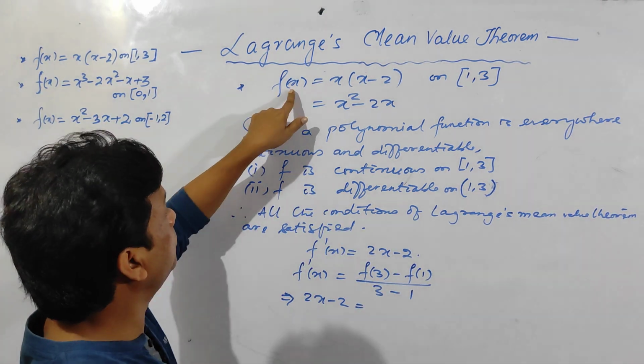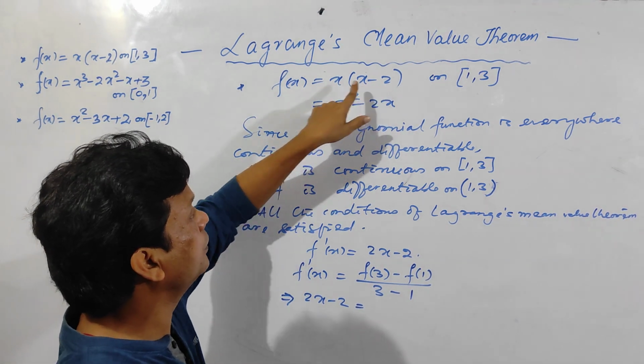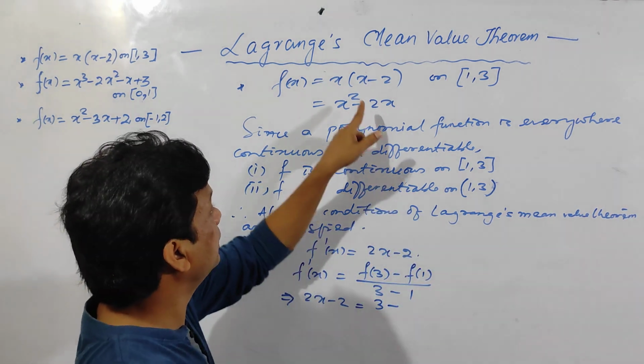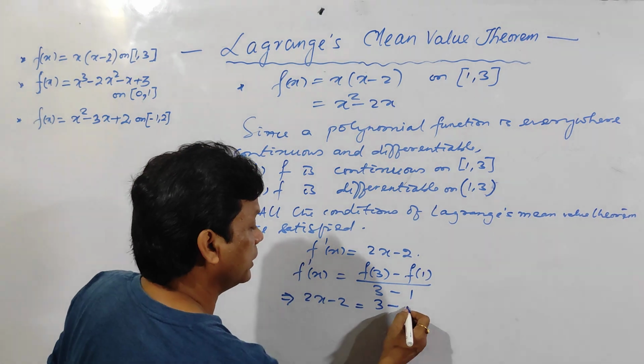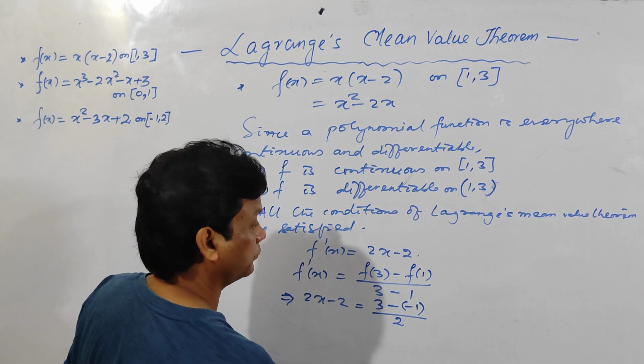If we put x equal to 3, it is 3 into 3 minus 2, that is 3 into 1, so 3. Minus f of 1: if we put 1 here, it is 1 into 1 minus 2, which is minus 1. So it is 3 minus of minus 1 divided by 3 minus 1, which is 2.